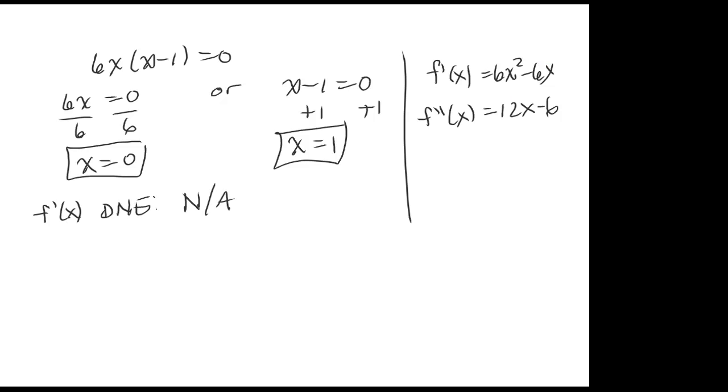Okay. So there's that. Now that I have the critical points, I'm going to use the second derivative test to classify them. And actually, I'm going to draw a little number line just like I did previously. These are my critical points, 0 and 1.